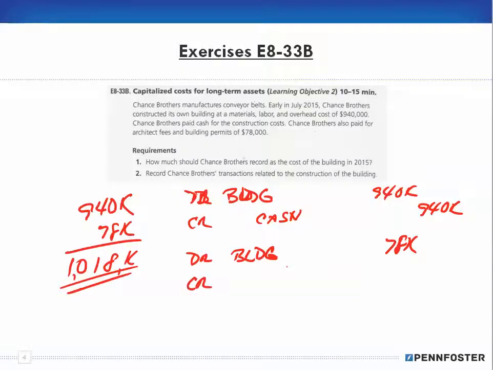And so we'll credit cash for $78,000. Right? So any costs that are associated with the asset that you incur before you put it into use end up in the same exact general ledger account. All right, so that's why we're using building for both of those transactions that are part of the cost of the construction of the building. Okay.